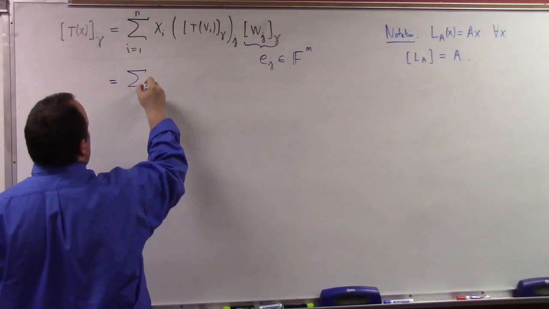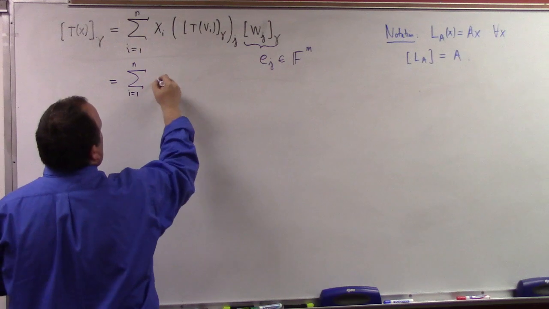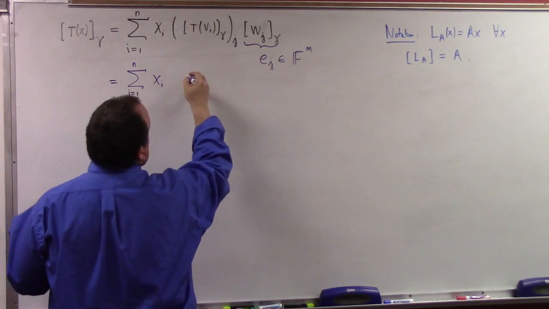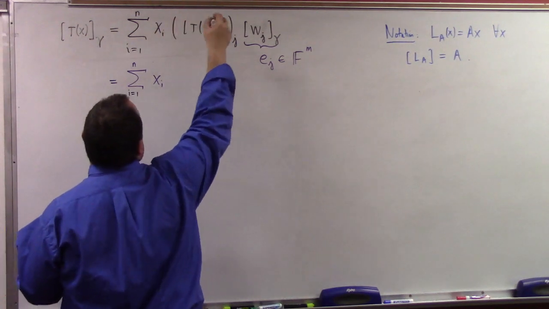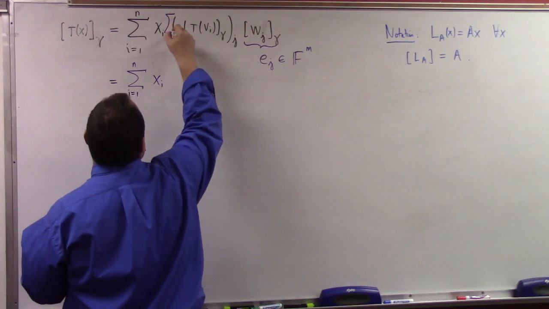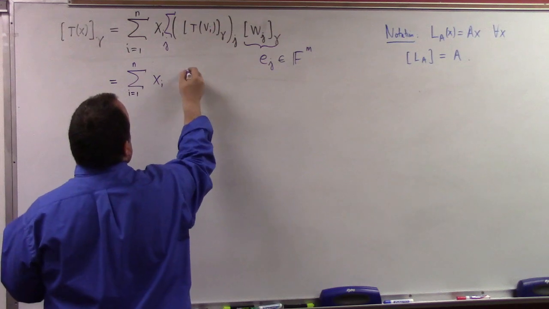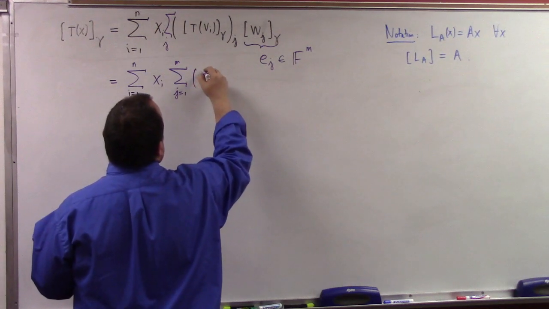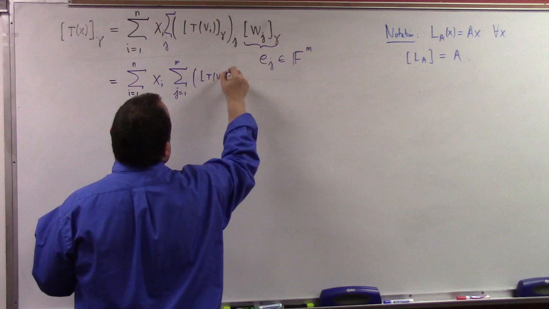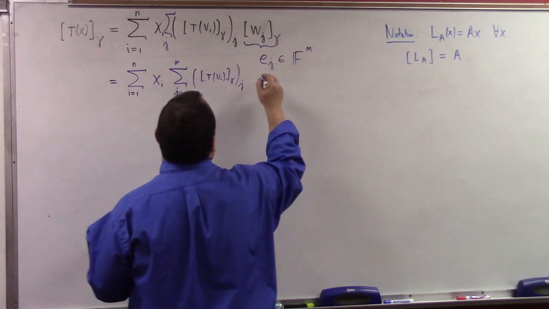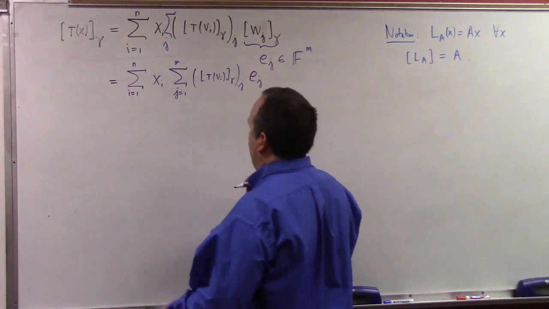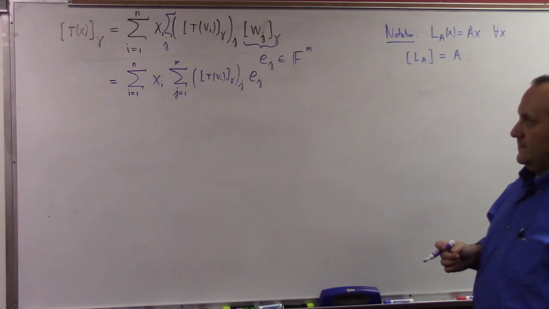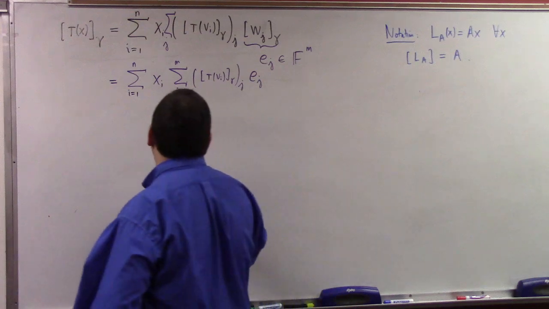Sum over i, x sub i. And there was a sum over j I lost here, which should be written somewhere in here. And then we have the sum over j, 1 to m, of the T of vi gamma of j times ej. All right.